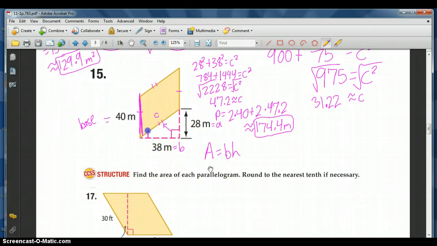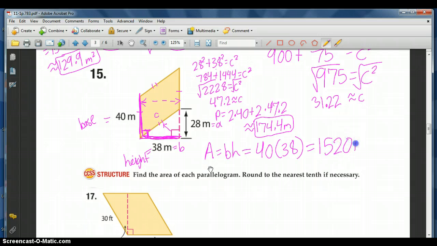Since this is a right angle, this would be our height, measured from here to there. So we have 40 times 38, which is 1,520. And that's measured in square meters.